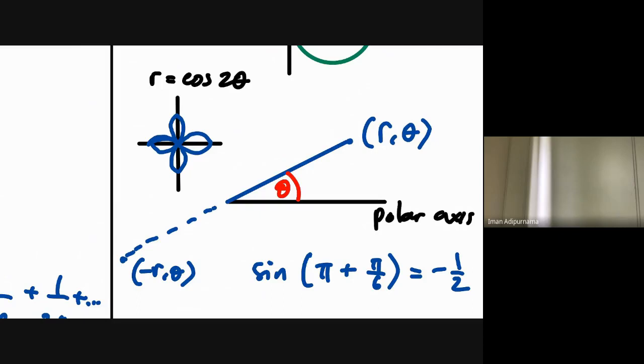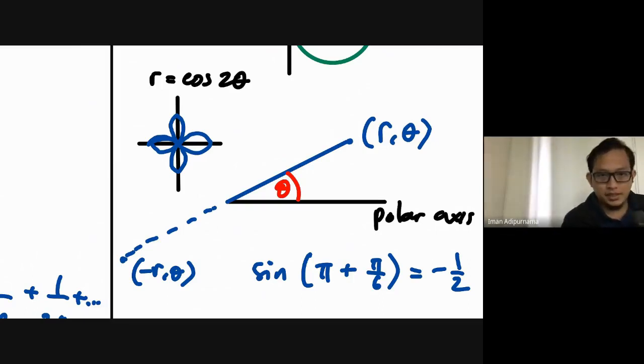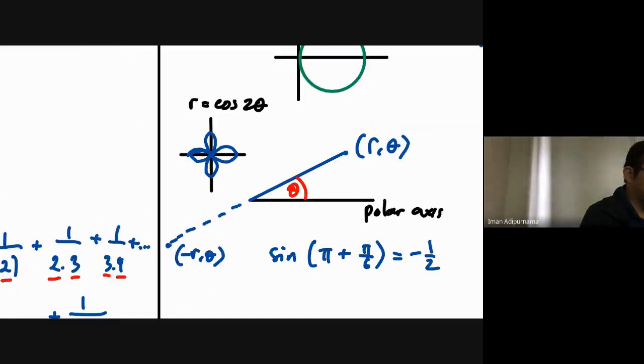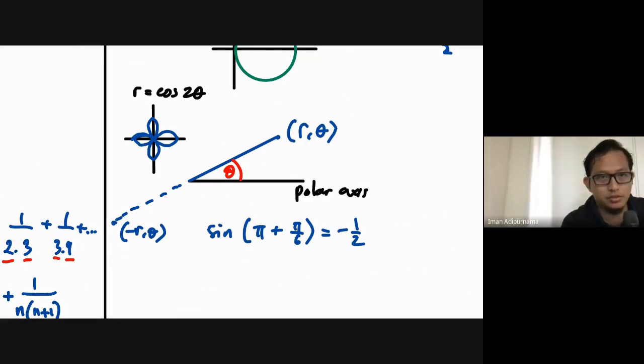You can try if you want, and I will show you how in the Moodle, because it's long. There are some important points for the polar curve. I hope you get the big picture on how you're doing it.